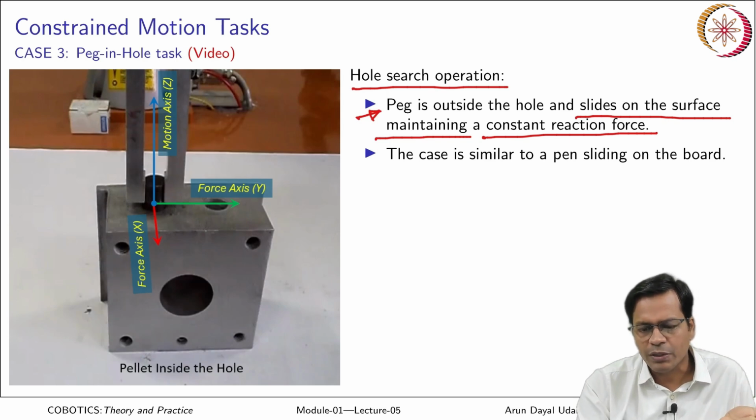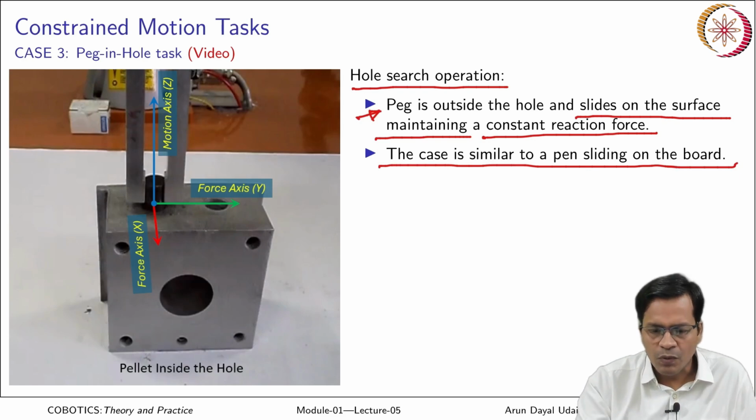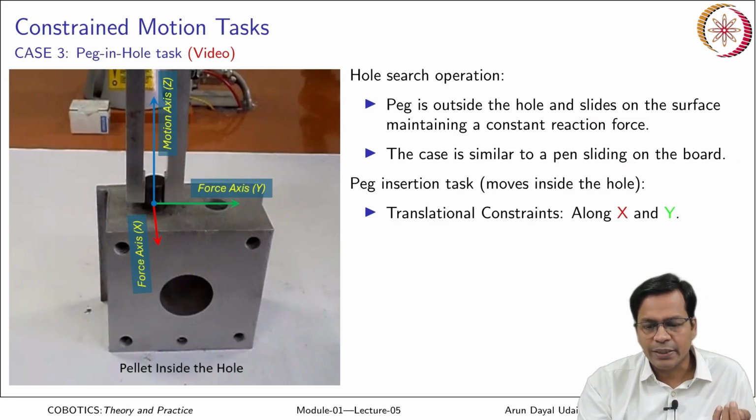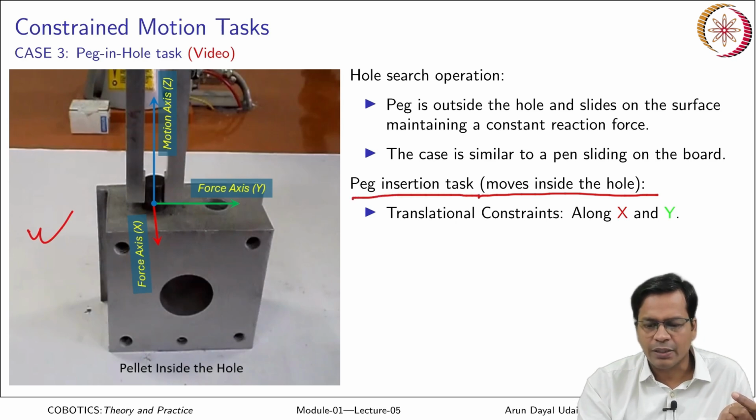This case is very much similar to the pen sliding on the board. I assume there is no frictional force again. Okay. Now, the pellet insertion task moves inside the hole. This time there are two constraints. The one which is shown here is the peg insertion task, that is inside the hole.